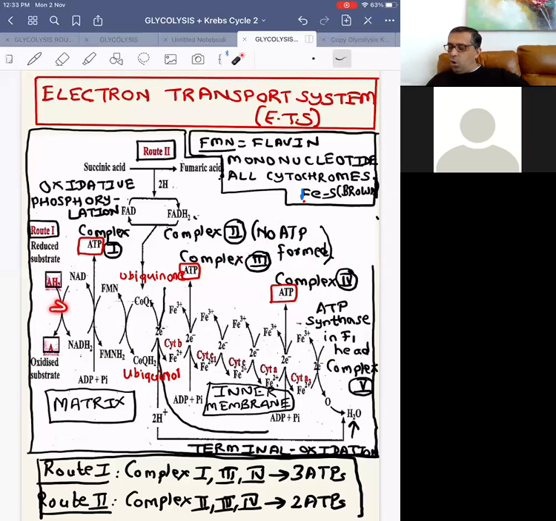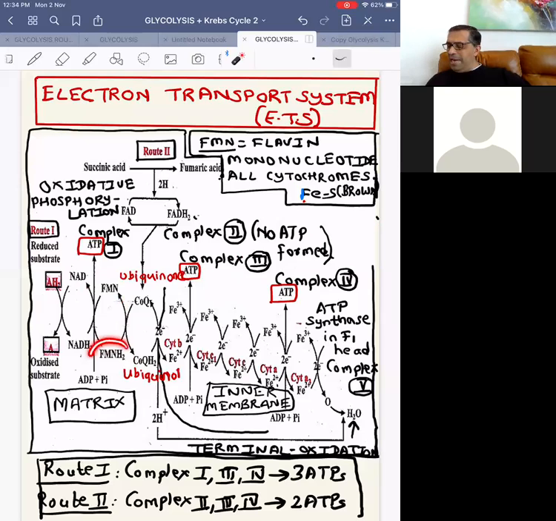Giving away hydrogen is called oxidation. Accepting hydrogen is called reduction. And oxidation reduction, in other words redox reaction चल रहा है.